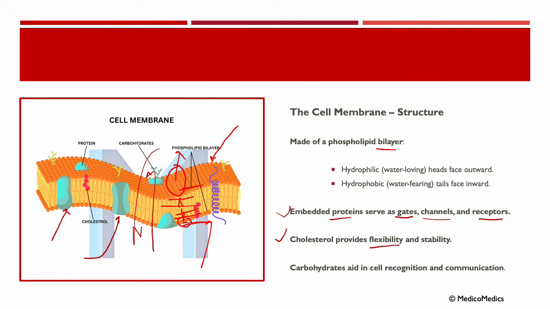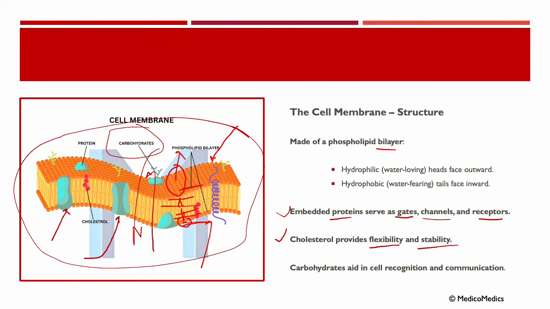Cholesterol provides flexibility and stability to the cell membrane. We have carbohydrates that aid in cell recognition and communication. So there are a lot of important structures involved on the cell membrane.